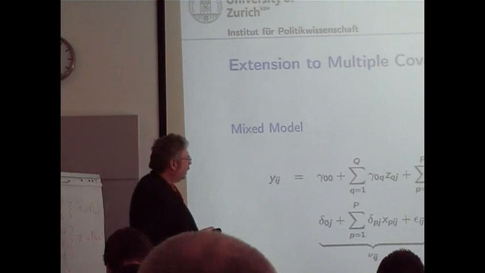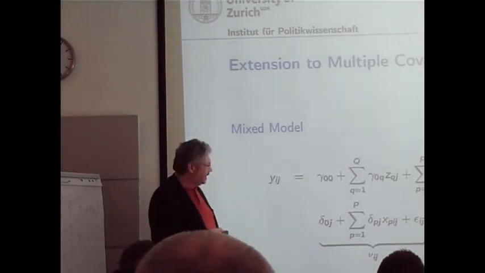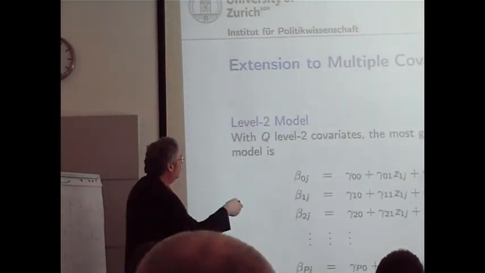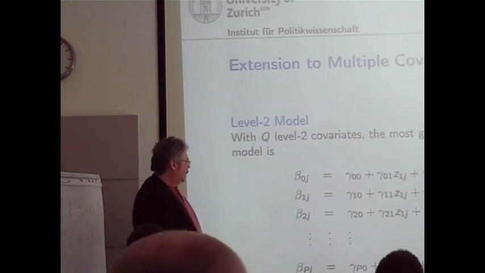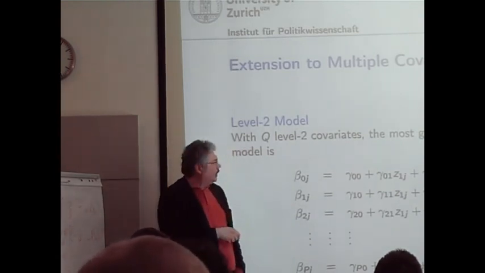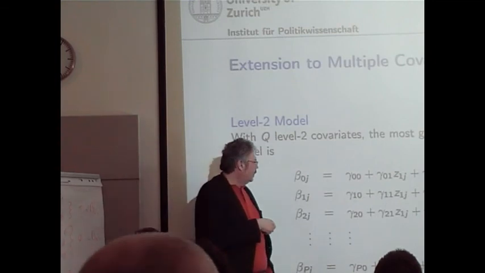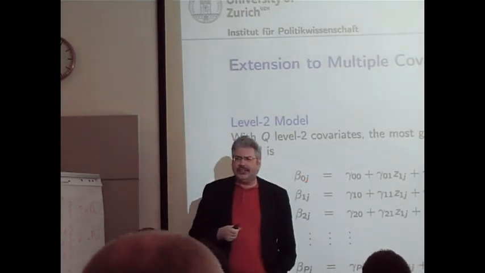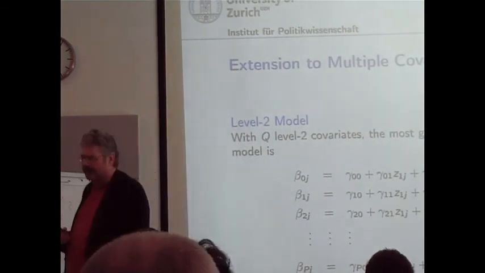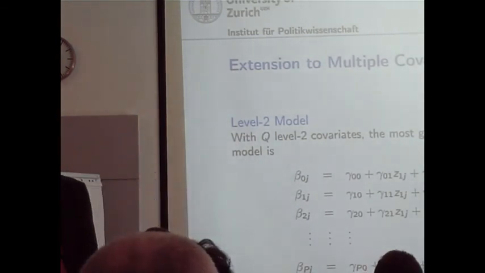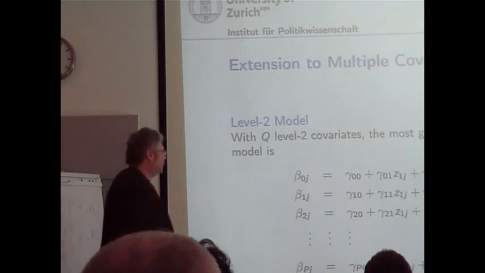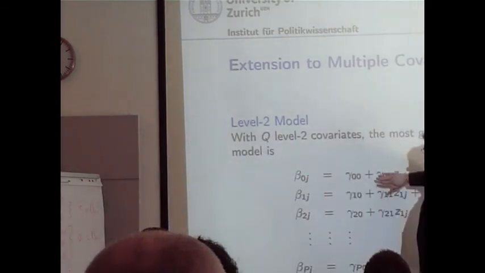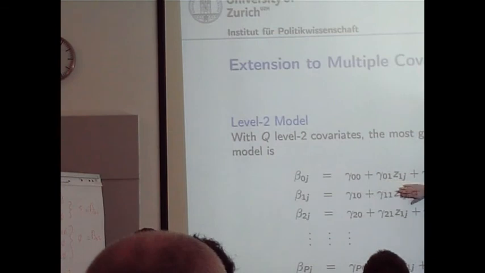When you look at the level 2 model, there will be cases where you will say, well, the thing isn't random at all. I have no reason to believe the effect to be variant across contexts. What you would do is basically just keep the constant and wipe out the rest of the equation, which means you set everything to 0.